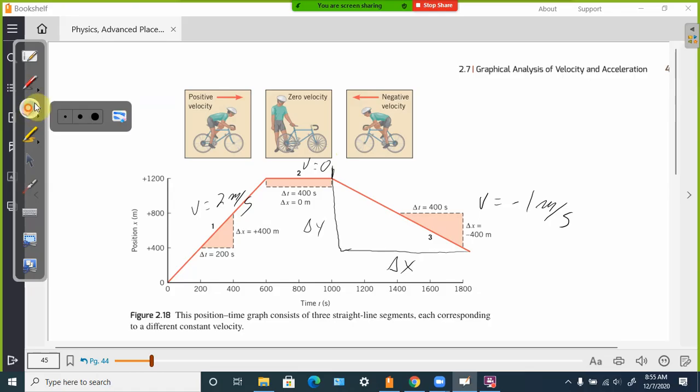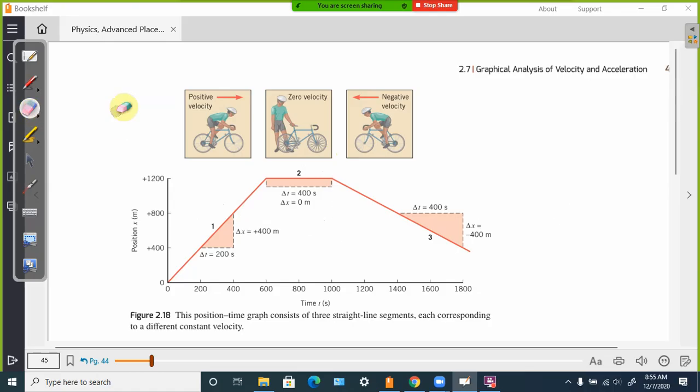Now, we did discuss this whole notion of average velocity versus instantaneous velocity. And instantaneous is as your time period becomes very, very small. Well, this here is going to have to be more of the average, right? Average, because you're talking a pretty large time period on both of these, right?